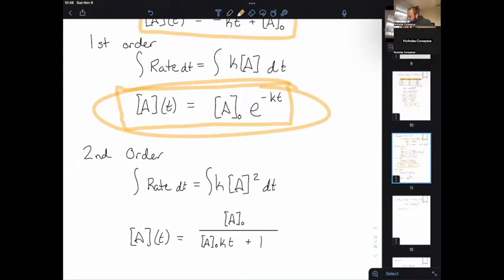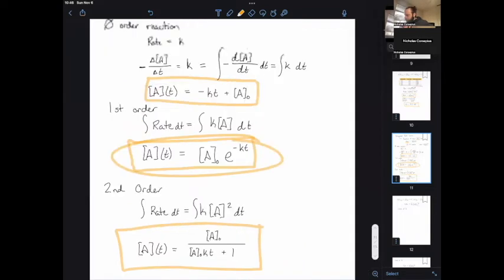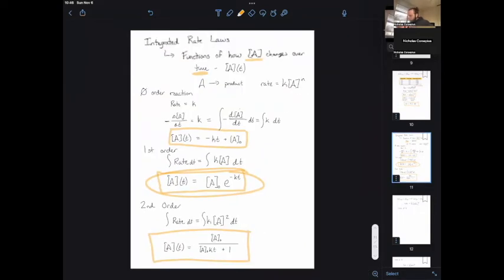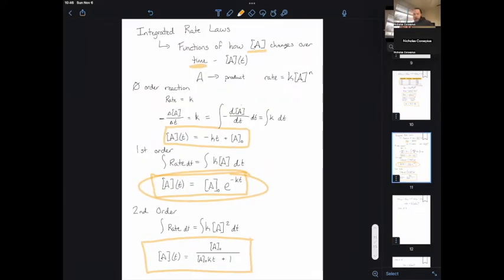Right, so here is this function that tells me how the concentration of A changes over time for a second order reaction, right? So these are our integrated rate laws. I just took that rate equation for each one and integrated it with respect to time, and that's how I got this function of how A changes over time.